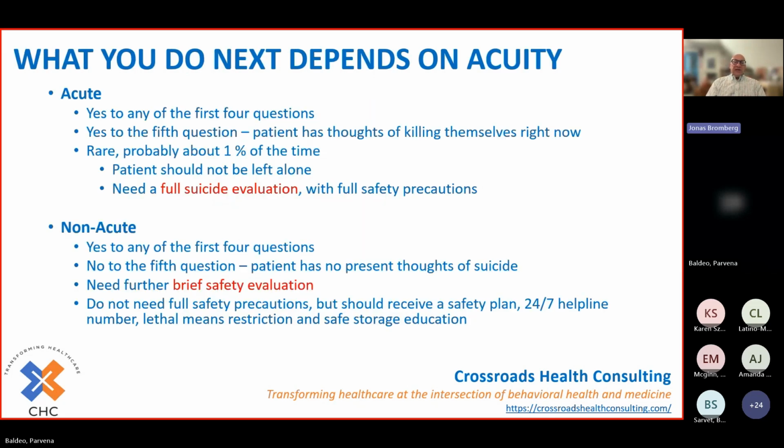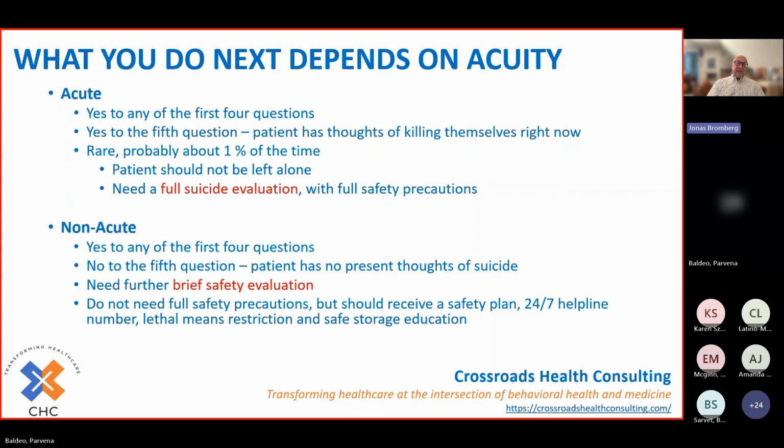And what we do next really depends on that 5th question and the level of acuity. If the answer is yes to any of those first 4 questions and yes to that 5th question, which is rare, we want to proceed to a full suicide evaluation and really implement full safety precautions.